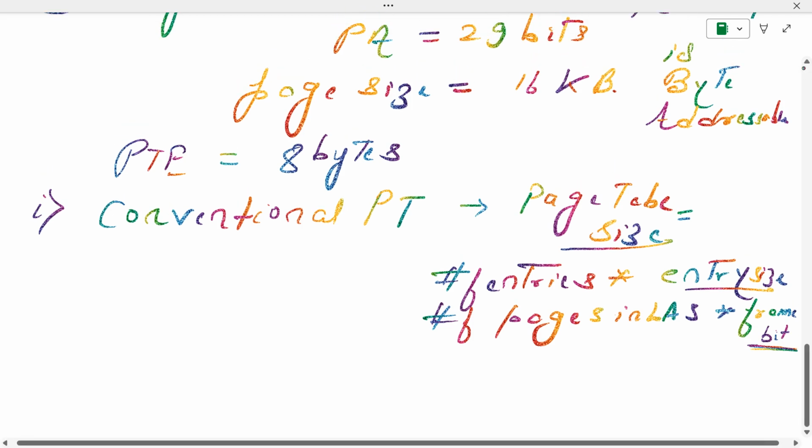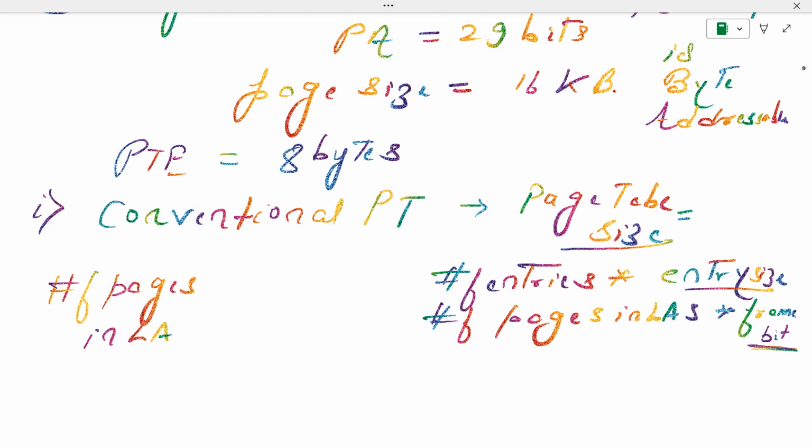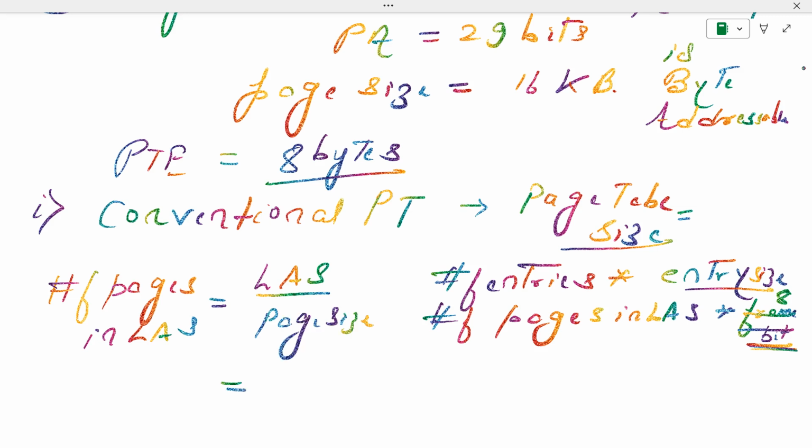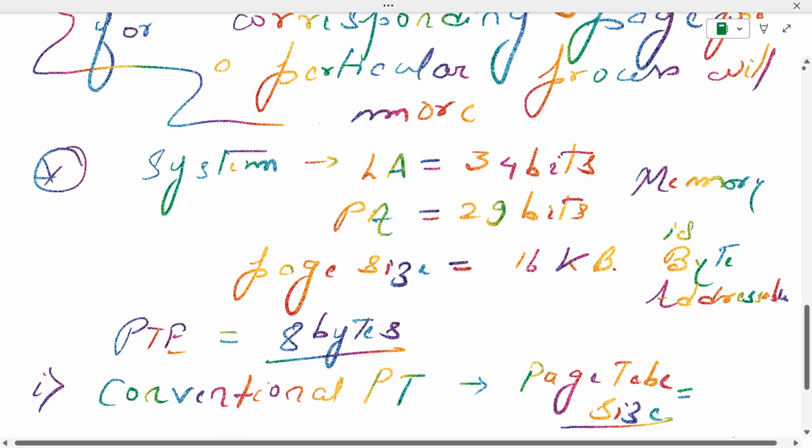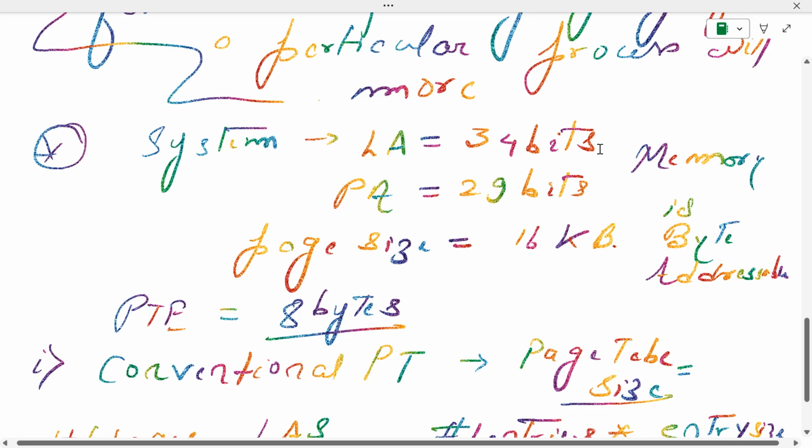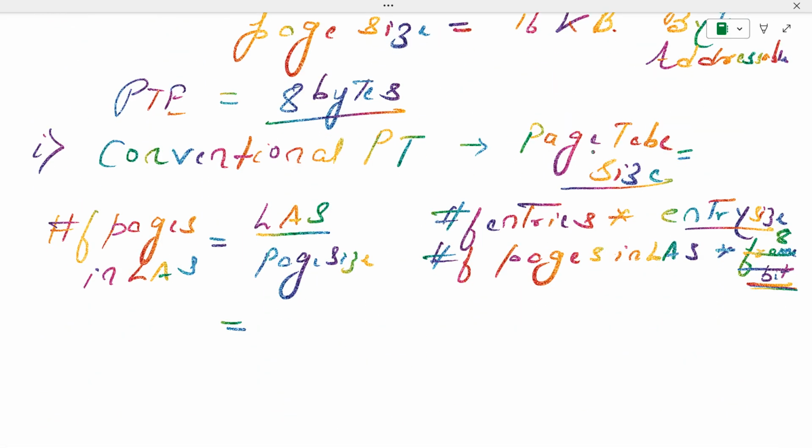Okay, so first find the number of pages in the LAS. PTE size is already given, right? 8 byte. So we can just multiply it by 8. So we just need to calculate the number of pages in the LAS. So number of pages in the LAS will be LAS upon page size, right? LAS we can calculate from here: 2 raised to the power 34 byte.